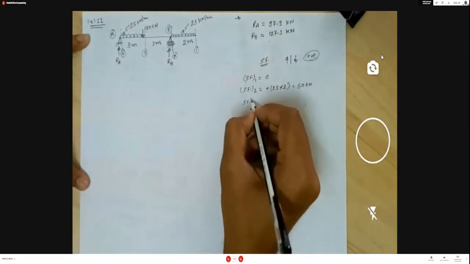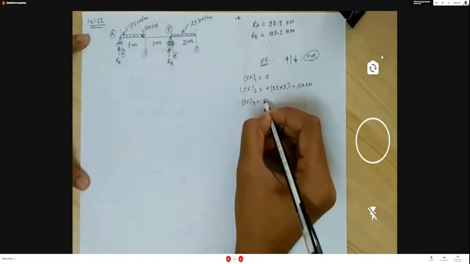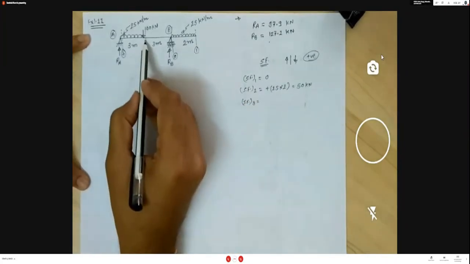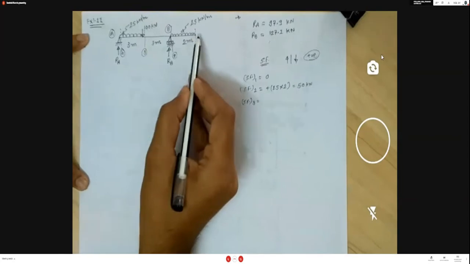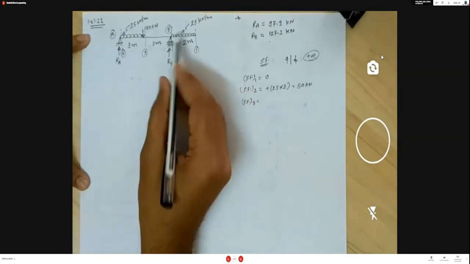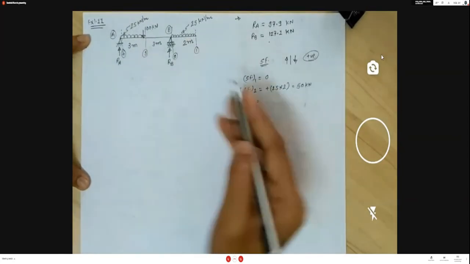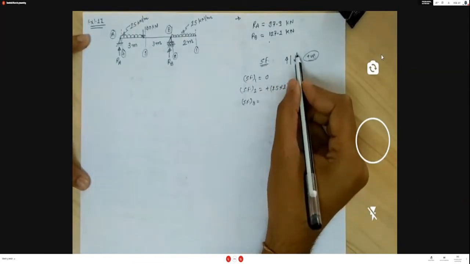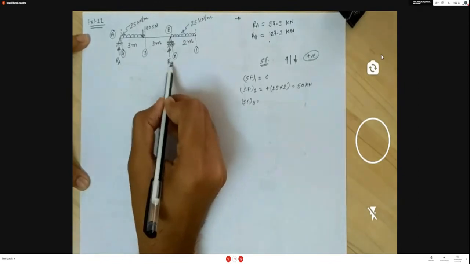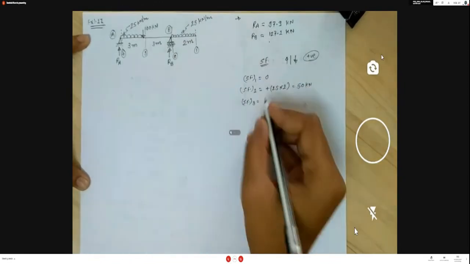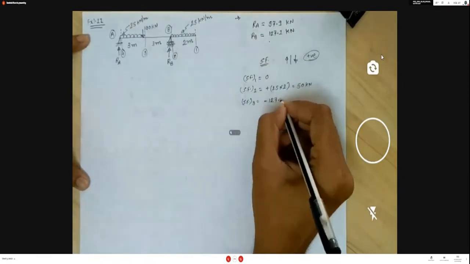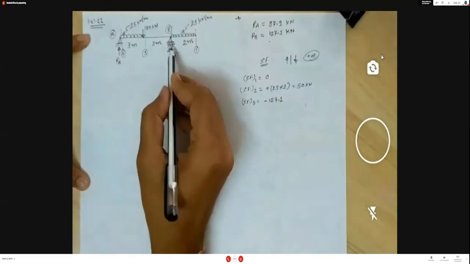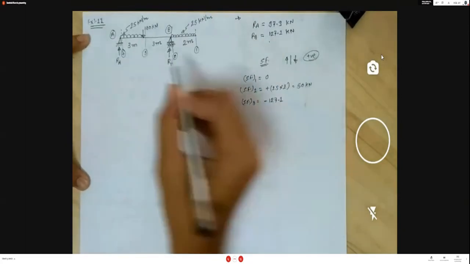Okay. Now shear force at section 3. Here again consider the right hand side. So reaction RB is upward, 25 into 2 is downward. Right hand side downward positive, upward negative. So reaction RB is upward, so consider minus 127.1, upward, that's why negative.